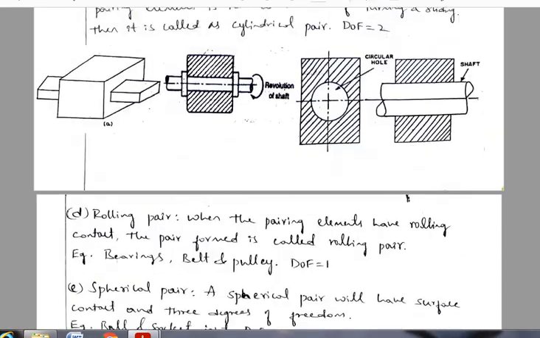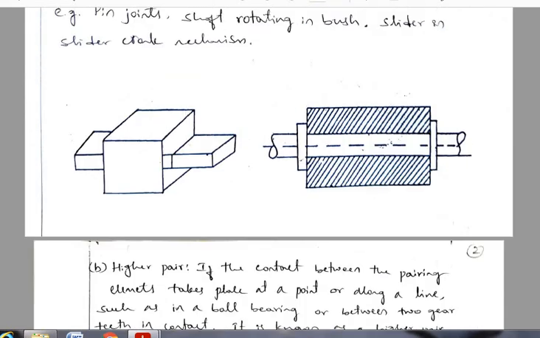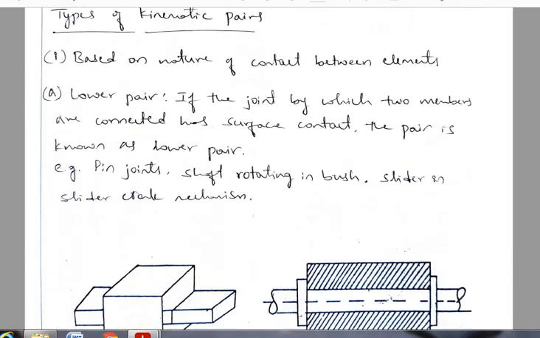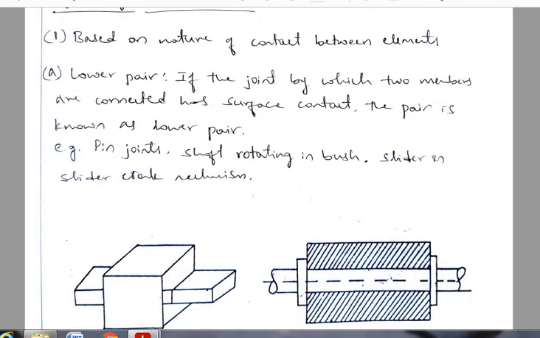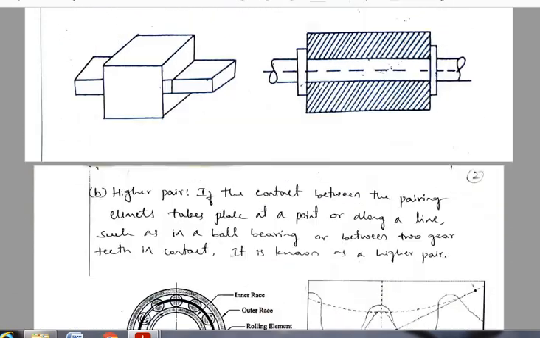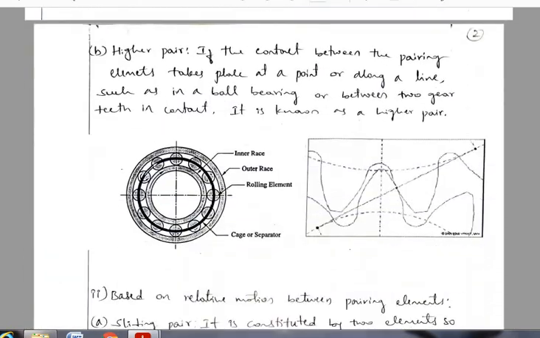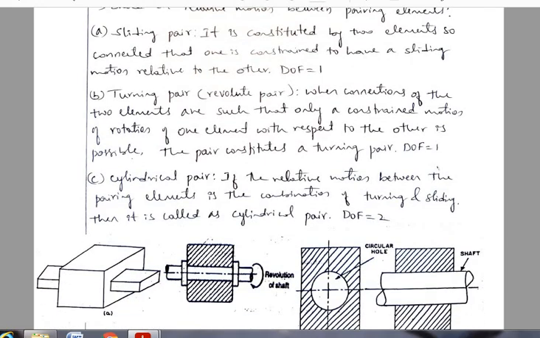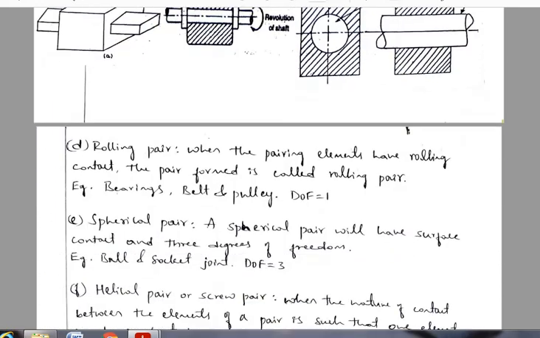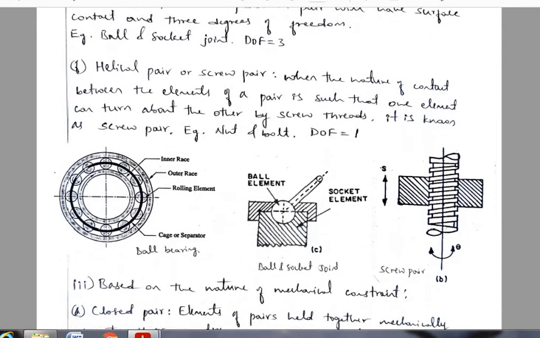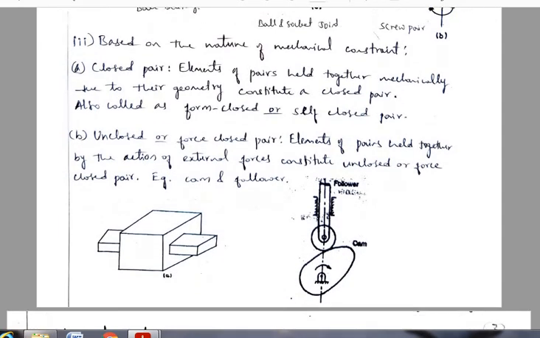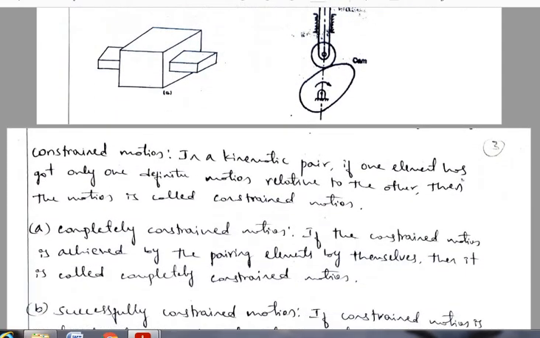In the previous class, we have also studied kinematic pairs, types of kinematic pairs based on the nature of contact. We have lower pair and higher pair. Based on the relative motions, we have sliding pair, turning pair, cylindrical pair, rolling pair, spherical pair, helical pair, and based on the nature of mechanical constraint, we have closed pair and unclosed pair.